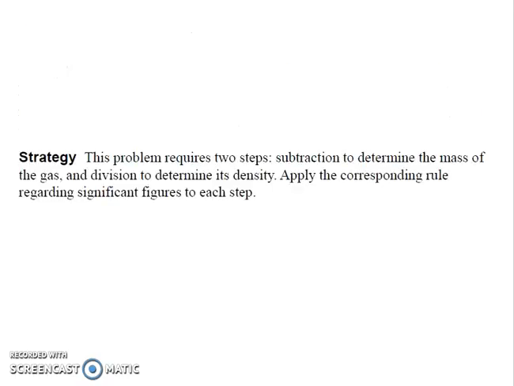Okay, if you need a strategy, this problem requires 2 steps. There's subtraction to determine the mass of the gas and division to determine its density. You'll want to apply the corresponding rule regarding significant figures to each step.